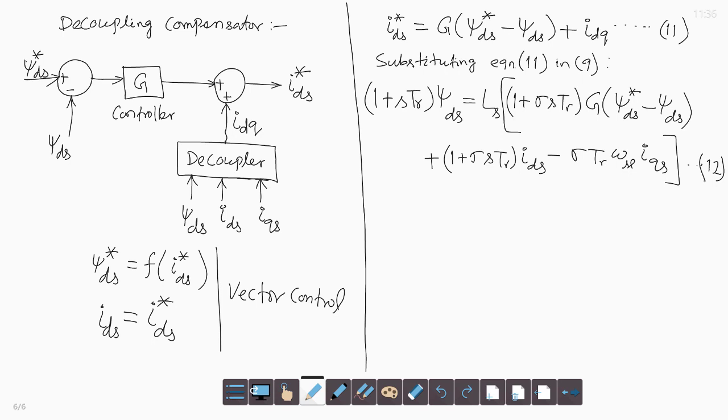So, in place of IDS we have used IDS star, because the controller ensures IDS equals the IDS star reference value. So, in place of IDS star we have written IDS.